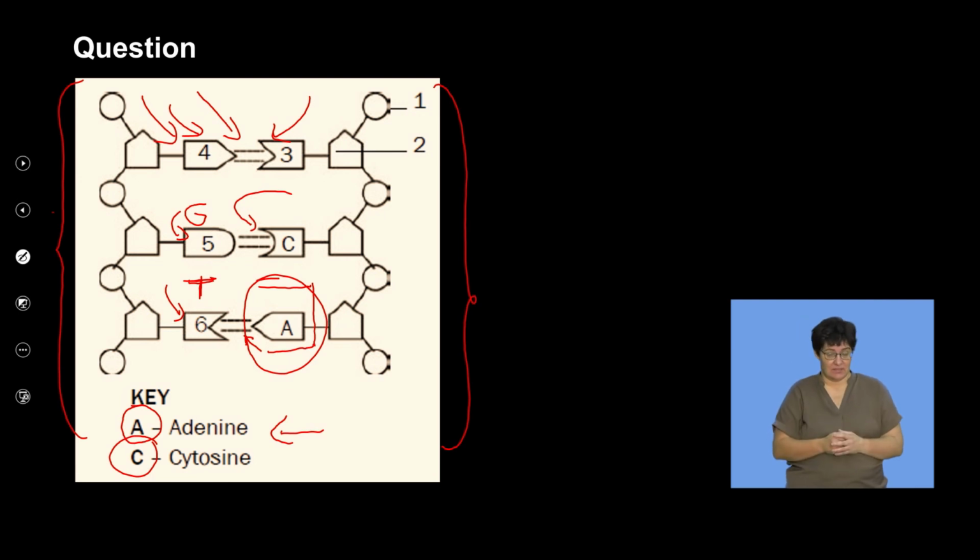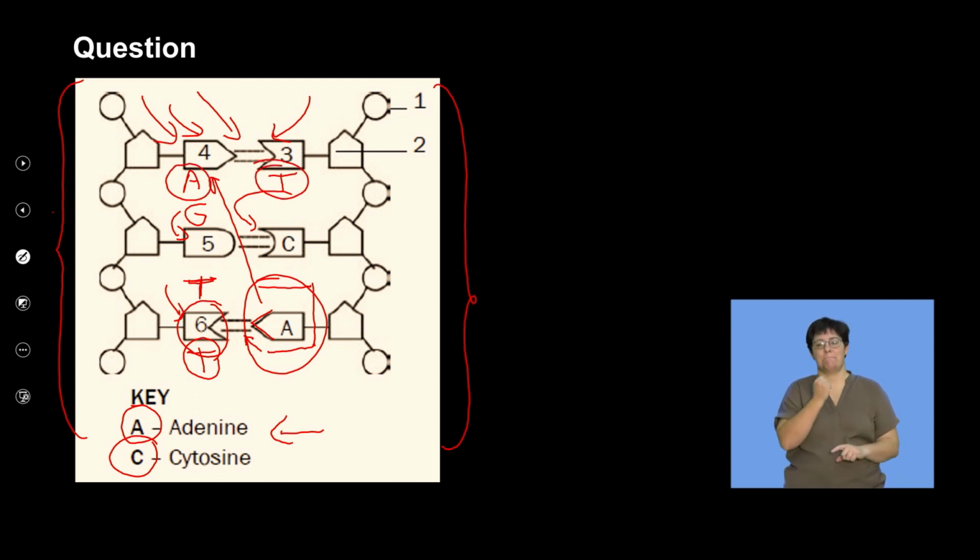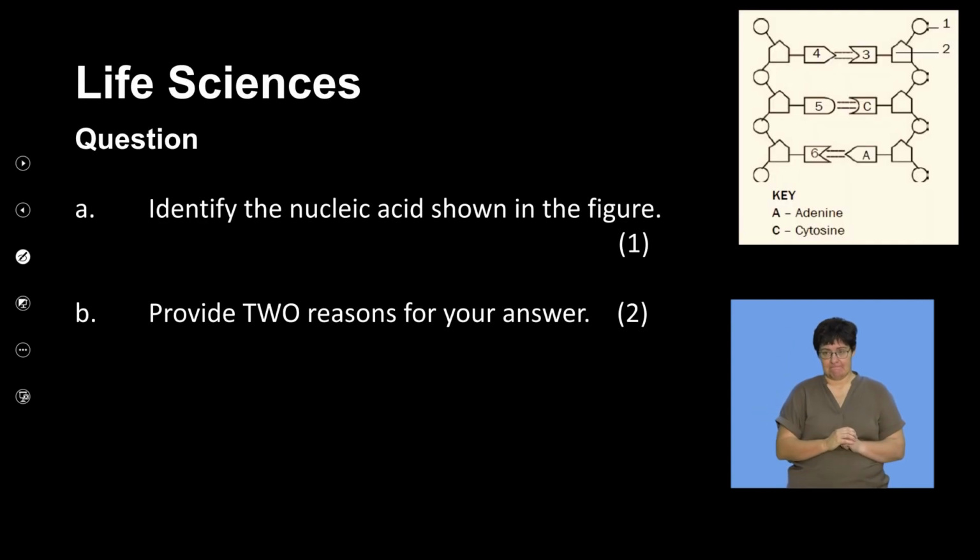Knowing that adenine has a unique arrow-pointed shape, we can infer that number 4 would also be an adenine. And likewise, number 6, which we identified as thymine, will be indicative of what number 3 would be. So number 4 would be adenine and number 3 would be thymine.